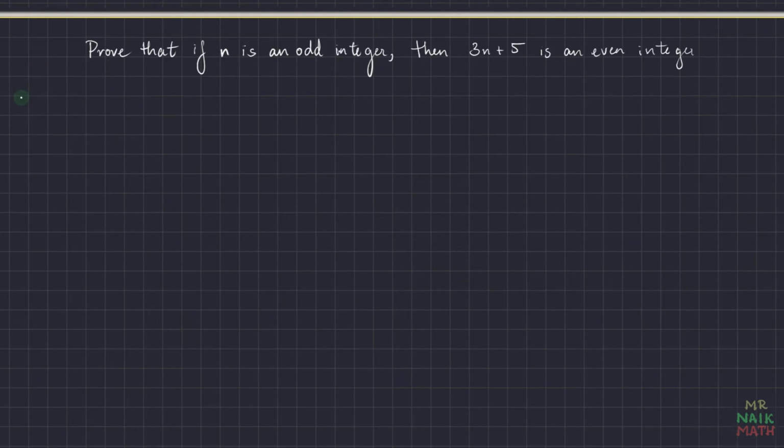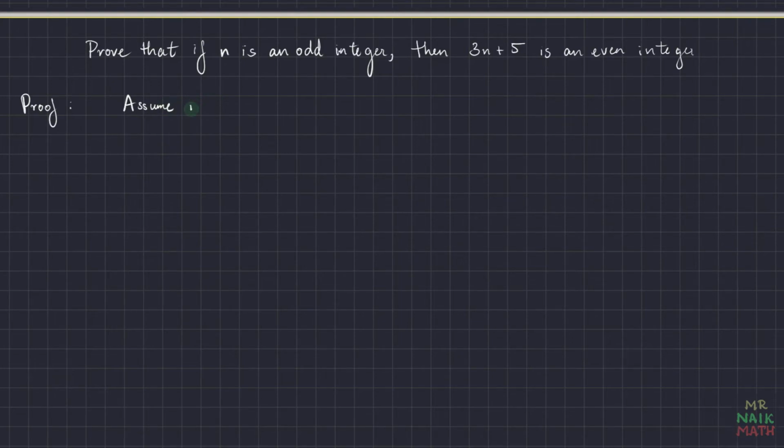So let's write down the proof. Remember, we assume that A is true and then prove that B is also true. So we assume that n is an odd integer.